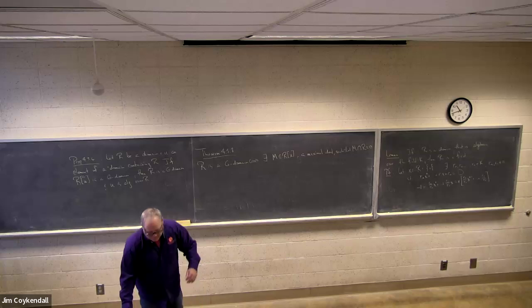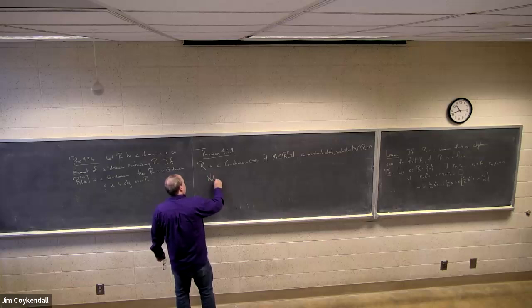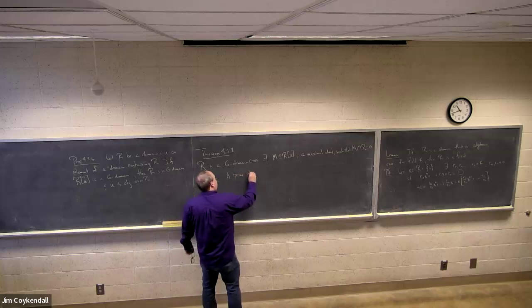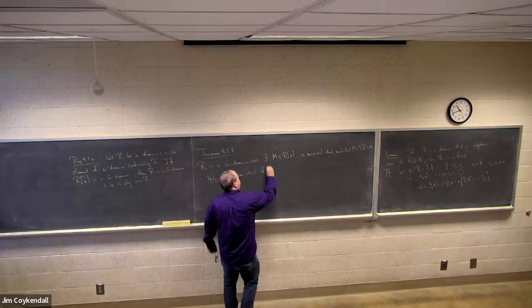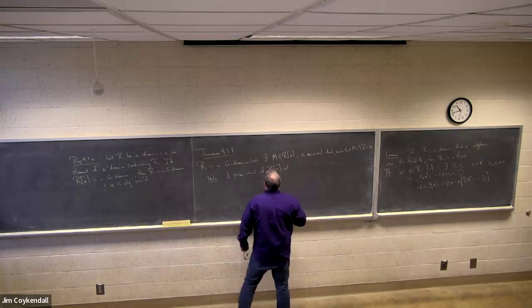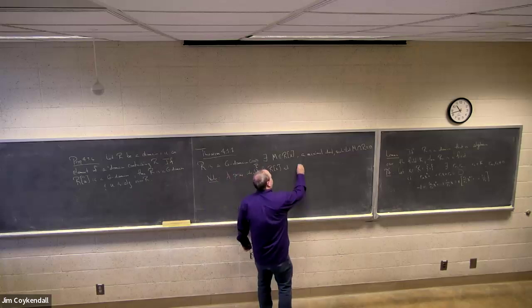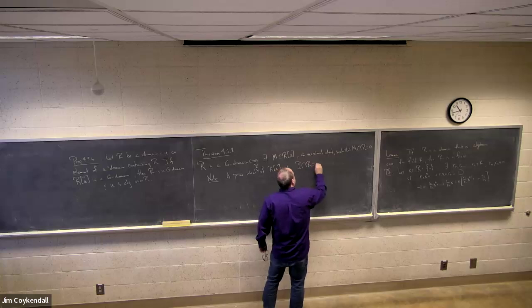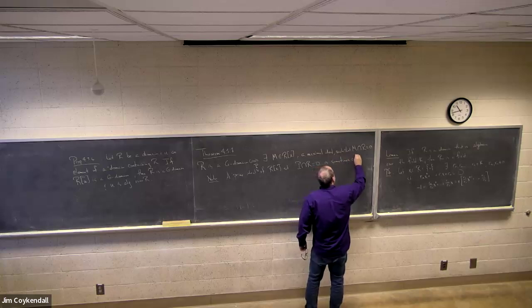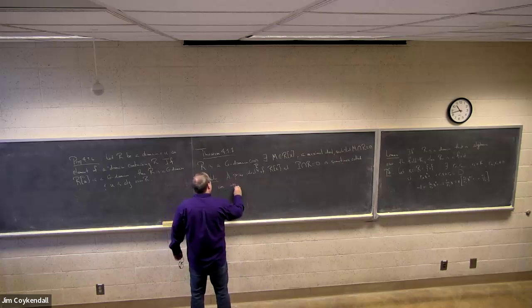Generally speaking, a prime ideal P of R[x] such that P intersect R is zero is sometimes called an upper to zero.